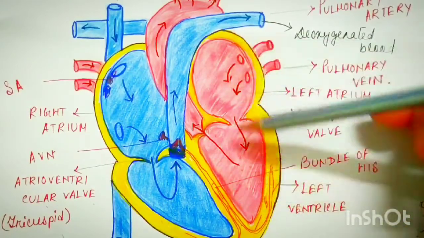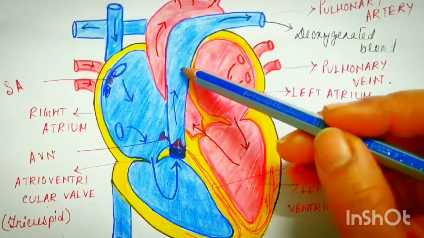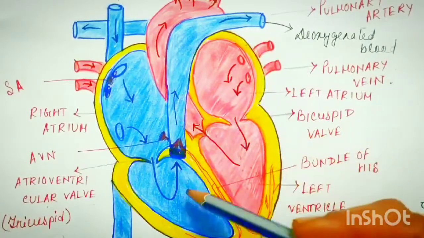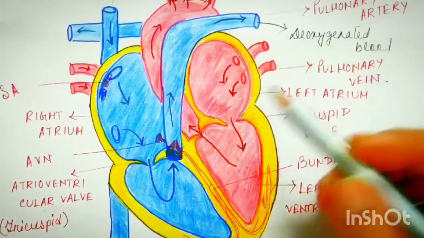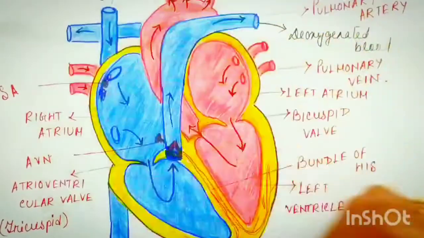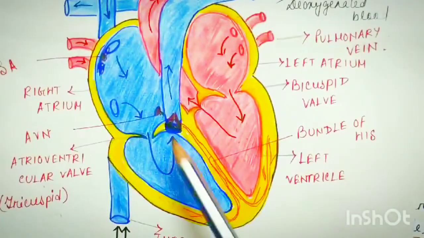It cannot flow back this side. And again, from the left ventricle it can enter the aorta, but from the aorta blood can never enter again into the left ventricle. The same thing happens in the case of the pulmonary artery and the right ventricle also. So this is, as a whole, the blood circulation process in the human heart.